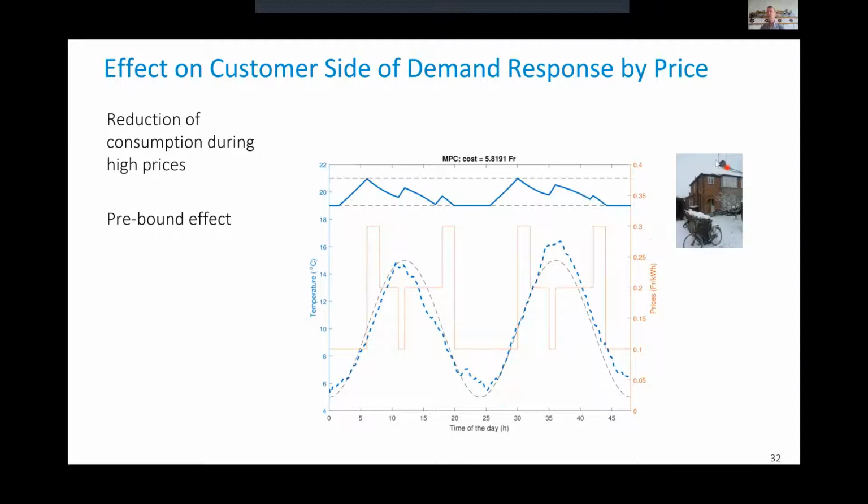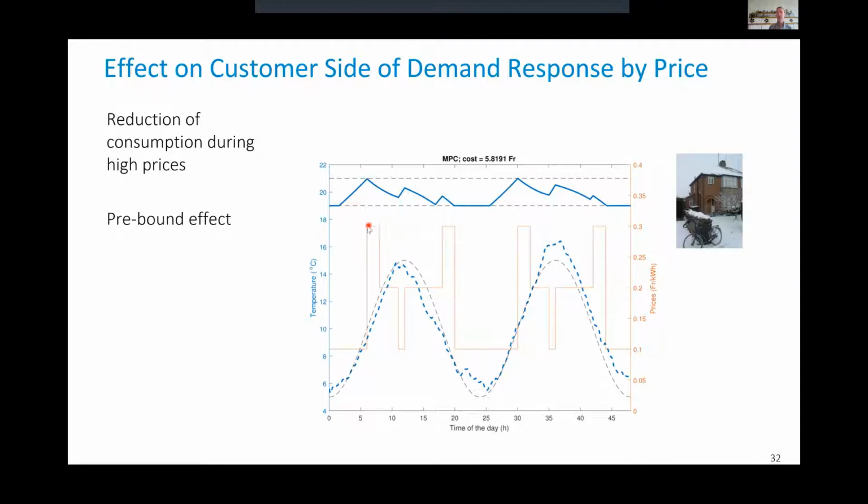Here, I've equipped this house with an energy management system, an EMS, that tries to adapt to the prices. Here we see there are 3 prices of electricity, which is probably something we will see in the future, or we already have in some areas. And we see that the effect is truly to reduce the amount of consumption at the peak hour.